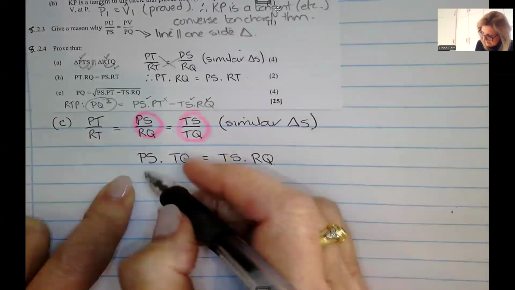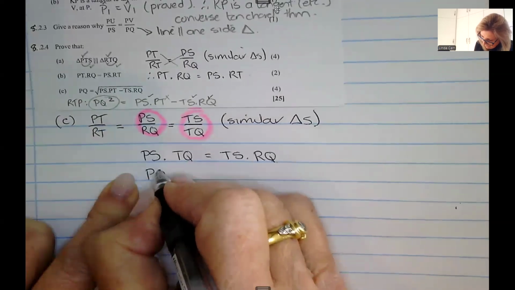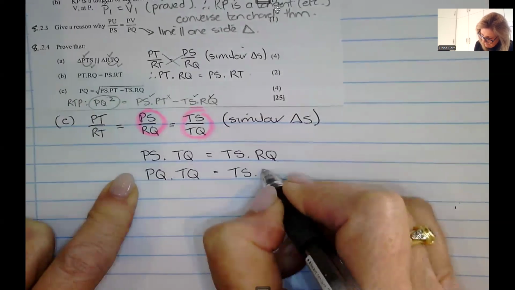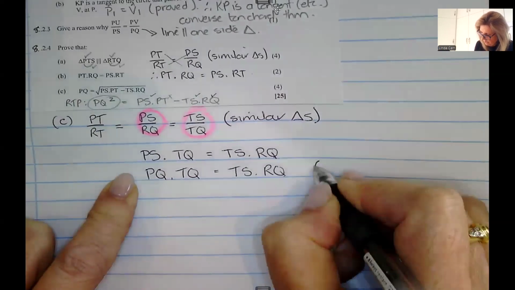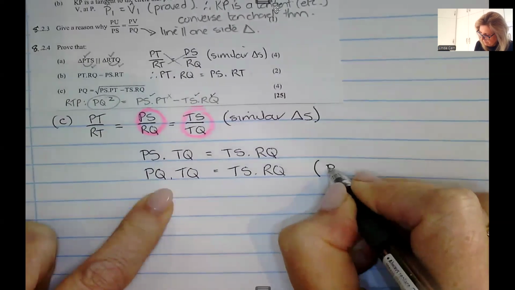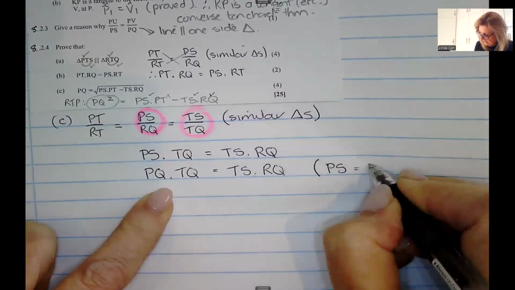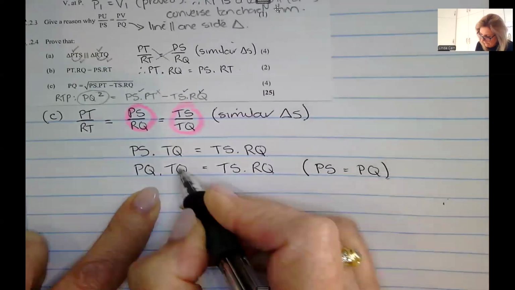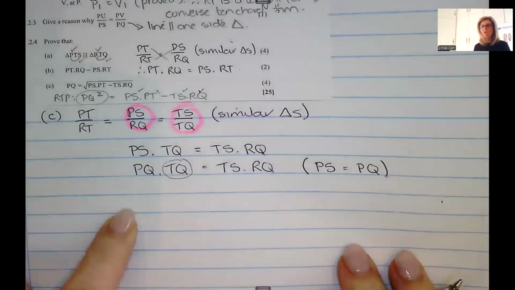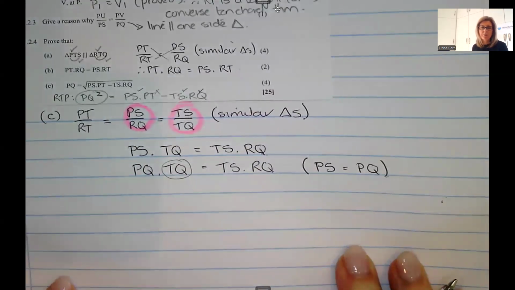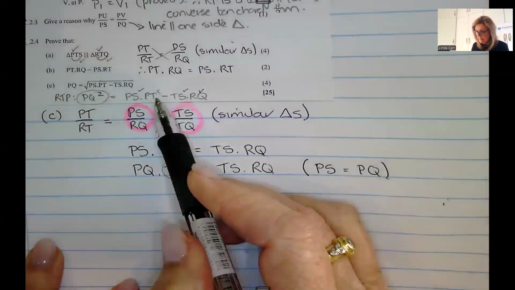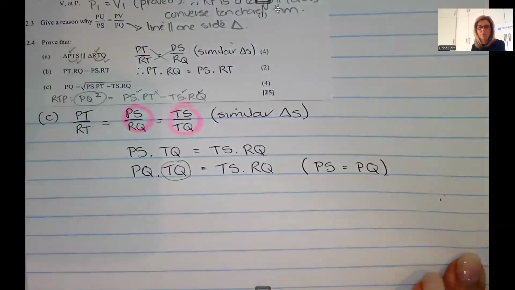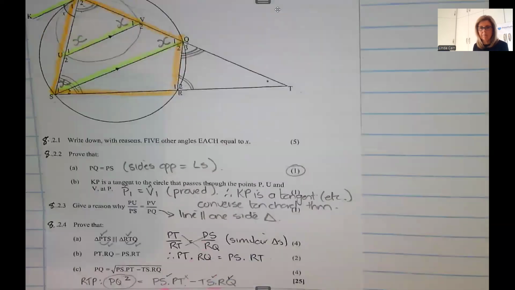So I can say PQ times TQ equals TS times RQ. Why? Because PS equals PQ. So the one that's giving me a headache is actually TQ or QT. What do I want instead?